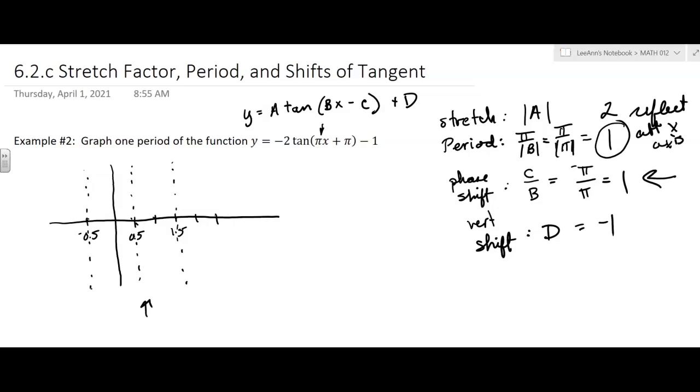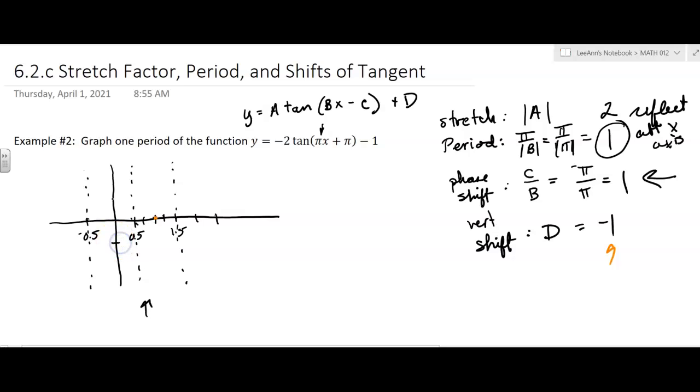Now, we got to get some points. We want to go halfway in between each of those. We know there's going to be a point right in the middle of the period, but it's going to shift down 1, so I got to move it already. Let me get some vertical lines here.